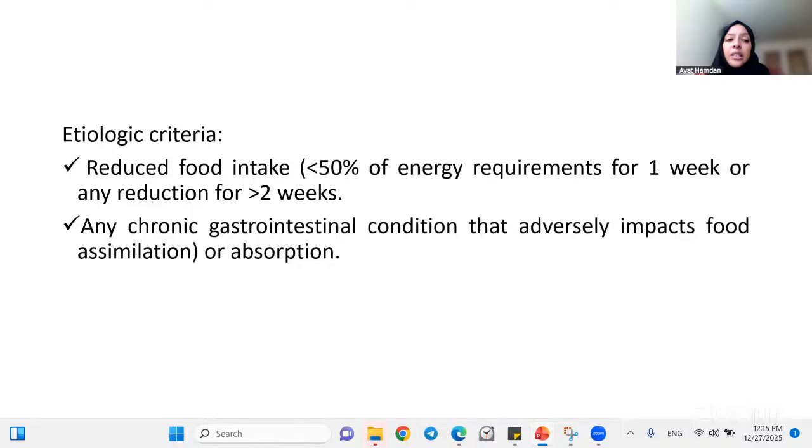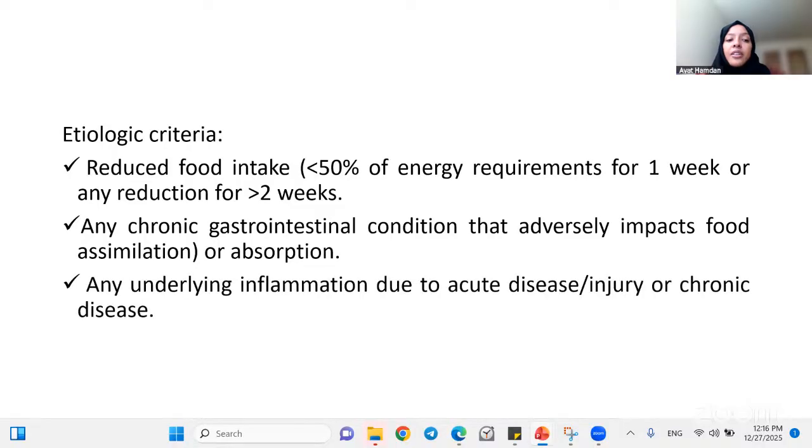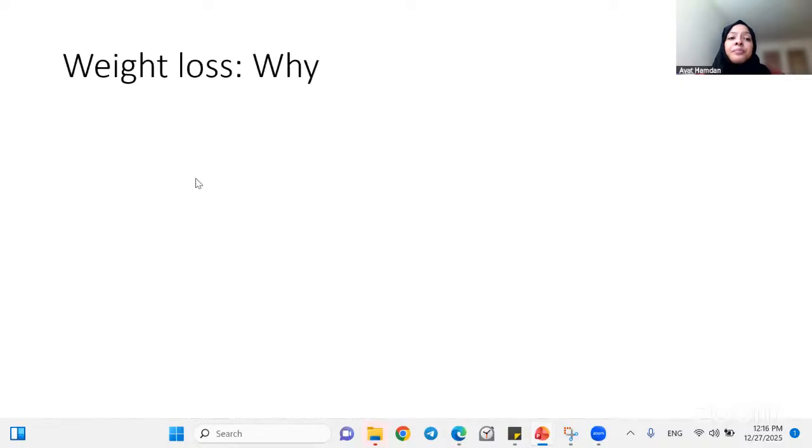If the patient is diagnosed with any chronic gastrointestinal condition that can adversely impact his food assimilation or absorption, this is one of the criteria. And if he has any underlying inflammation, either due to acute disease, injury, or chronic disease. So we need one of the etiological criteria and one of the phenotypic criteria to diagnose him with malnutrition.